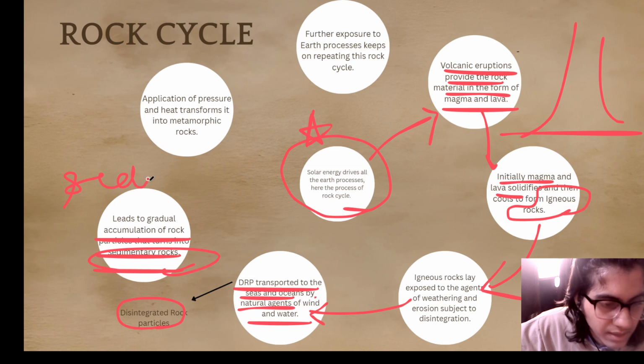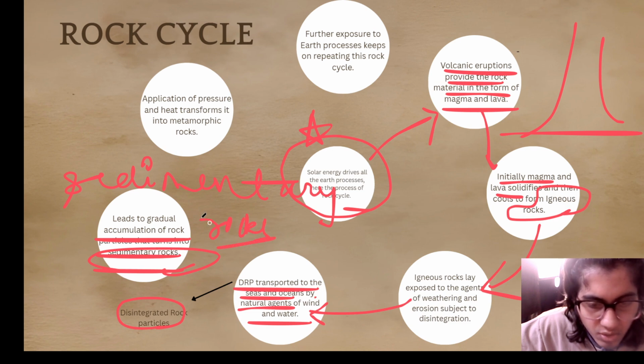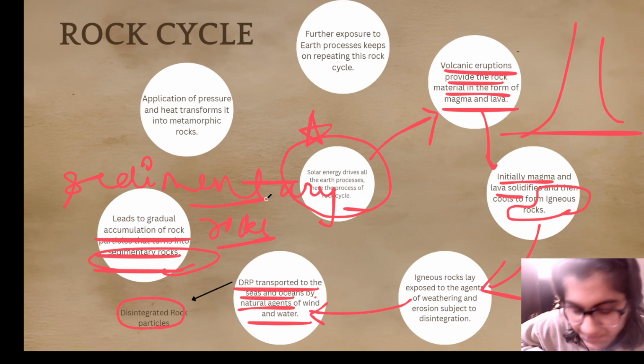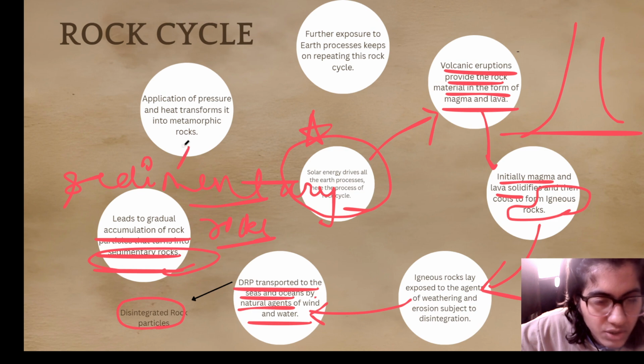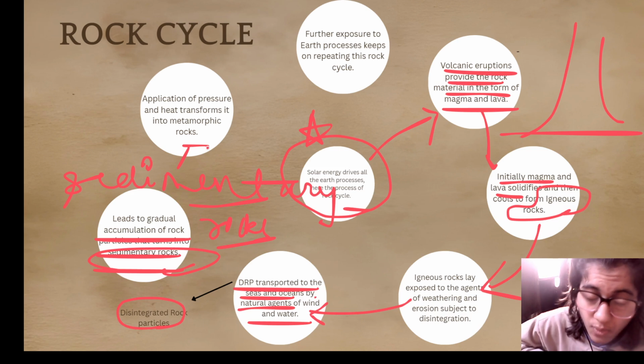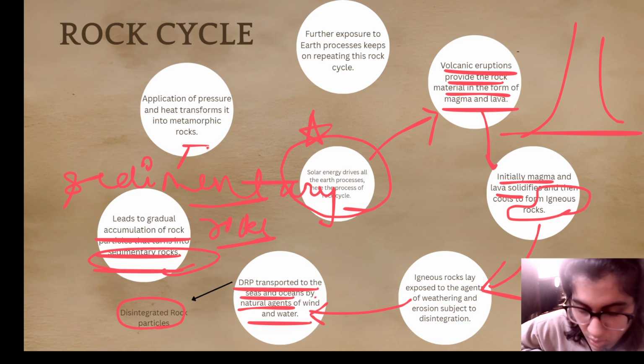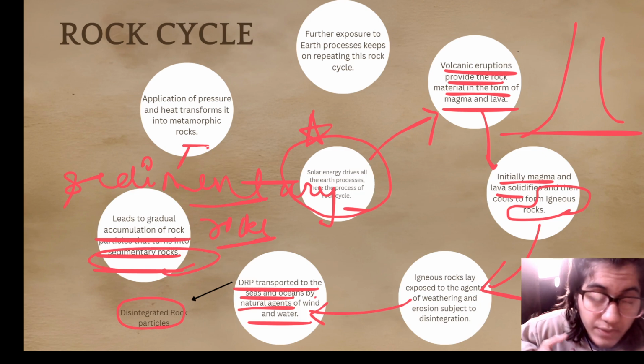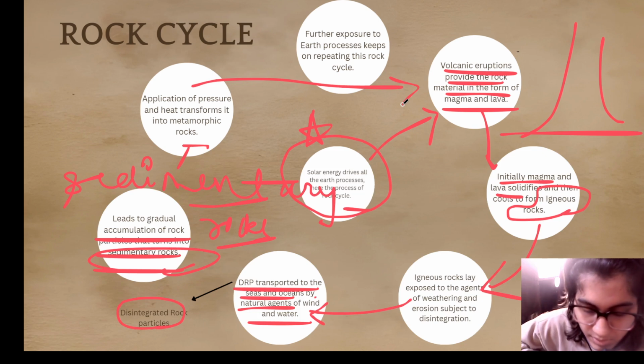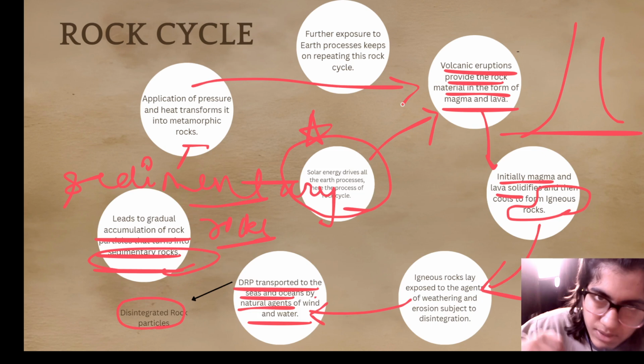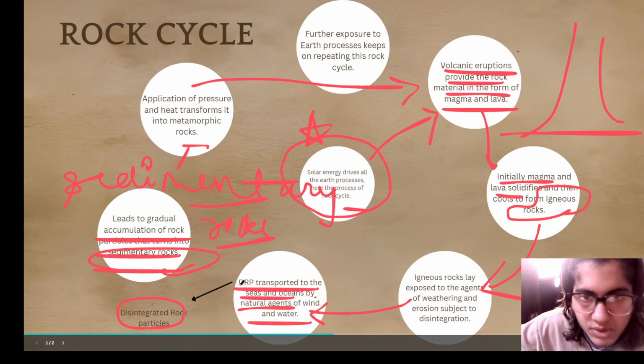Why sedimentary rocks? Because these sediments are present at the bottom of the seas and oceans. These sedimentary rocks then go beneath the earth's surface, where we all know there is a high amount of heat and pressure. Because of that, they are converted into metamorphic rocks, which are basically rock material, and after some time they come out as lava or magma. So this cycle goes on and on.